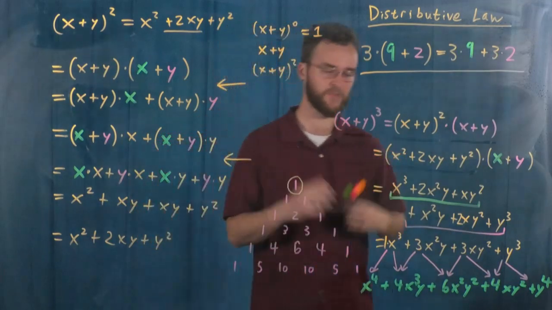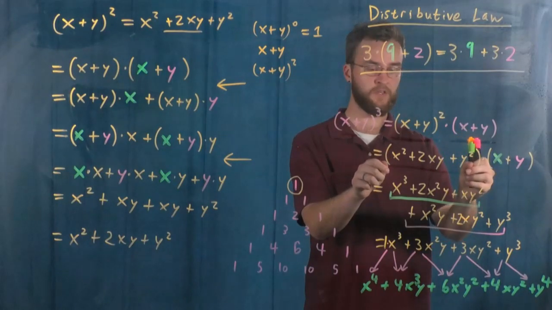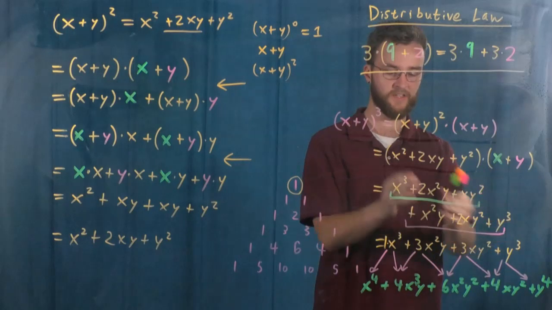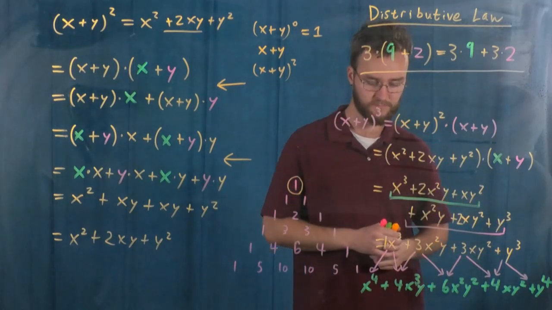Anyways, why is this happening? Well, you can see what happened here is we took the previous expression that we got for x plus y squared, and then we shifted it over and then added up all the coefficients, the numbers in front of our variables here.